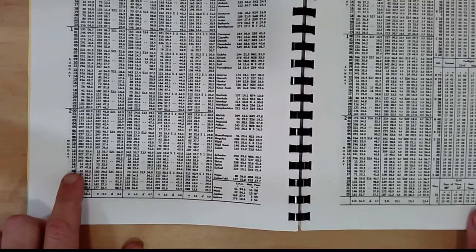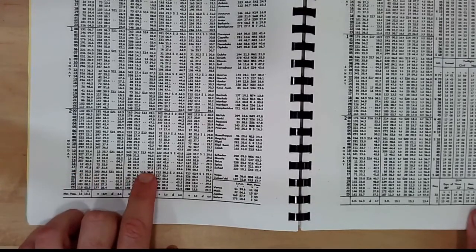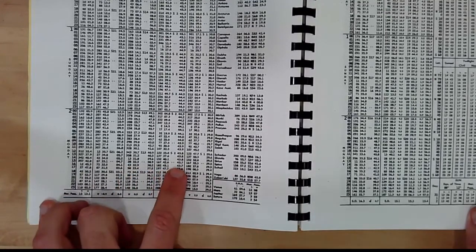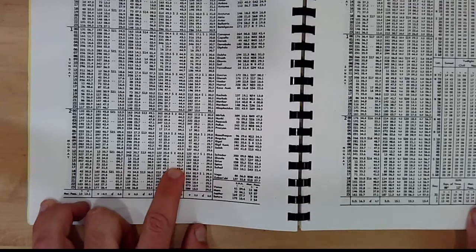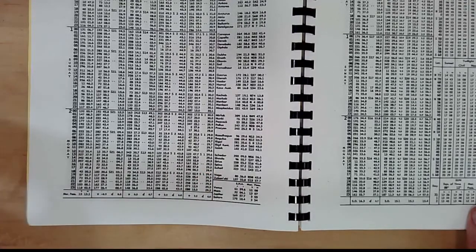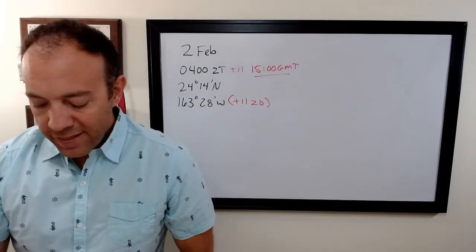We also need to note the declination of those planets. So at 1500, the declination of Jupiter looks to be south 2 degrees, 43.7. Saturn is south 1 degree, 29.5. Okay, so we noted all that information.